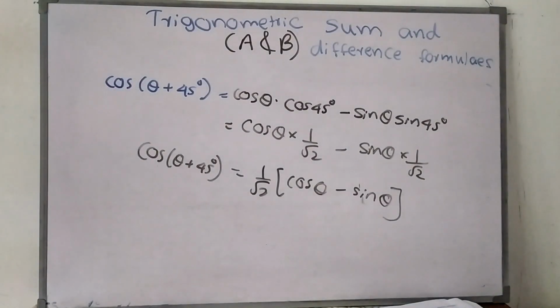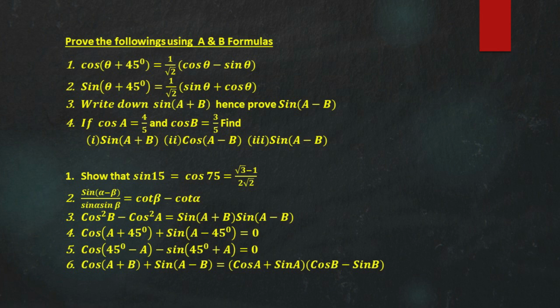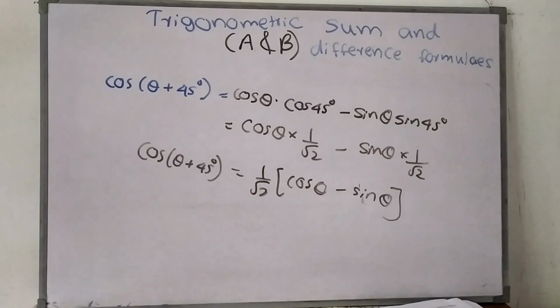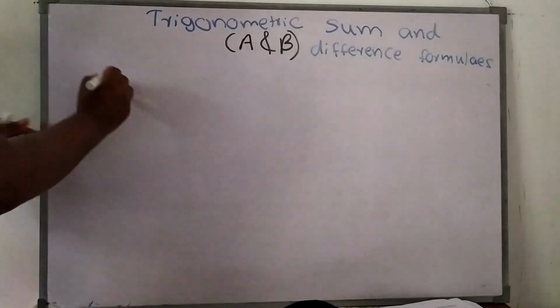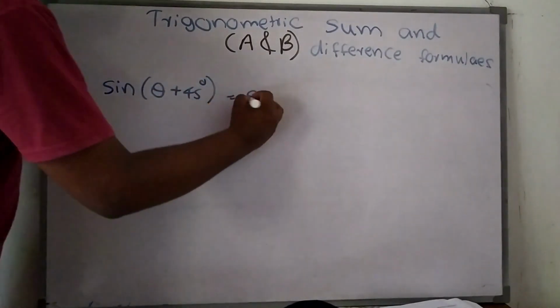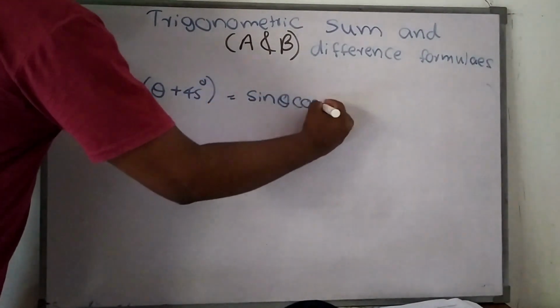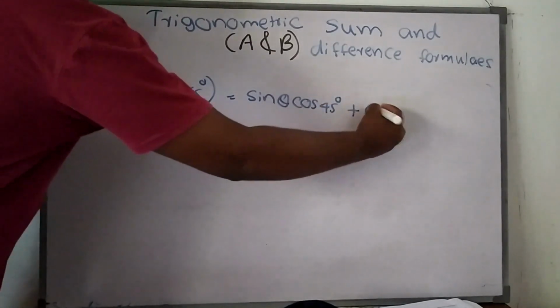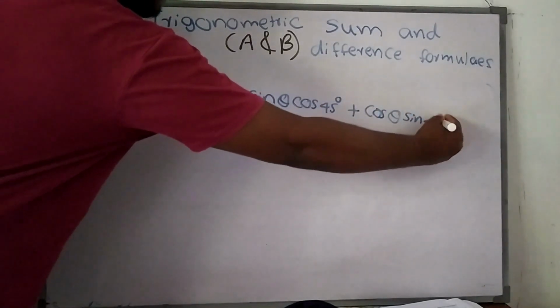You can also expand sin theta plus 45 in this way. It will be sin theta cos 45 plus cos theta sin 45, right?